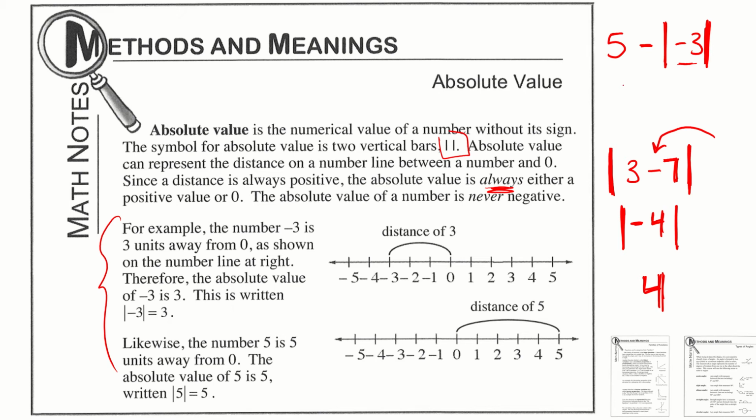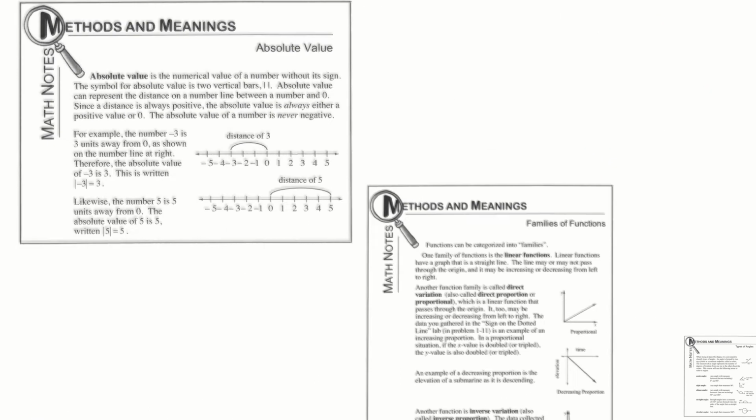This expression becomes 5 minus 3, since the absolute value of negative 3 is 3. So this is 5 minus 3, which equals 2. The absolute value symbol has no effect at all on the fact that this is a subtraction problem. We're talking about the absolute value of the thing that lives inside of those. So that's the absolute value, and we'll keep practicing those and thinking about the meaning of those.